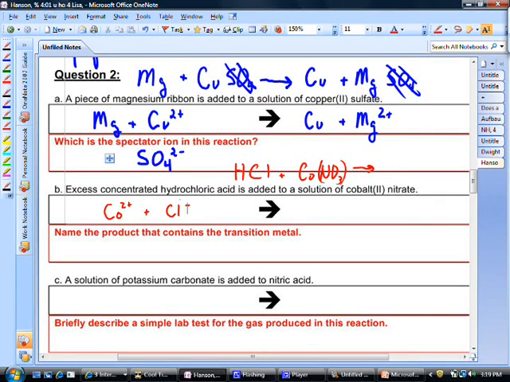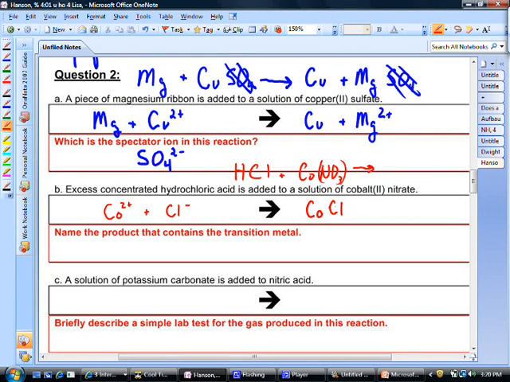This kind of reaction has showed up over the last few years on the AP test, and so if you see a transition metal with some Lewis base, or ammonia, or hydroxide, the things that we've pointed out will form these complex ions, well, that's probably what we're going to make. So cobalt and chloride is going to be the complex ion.